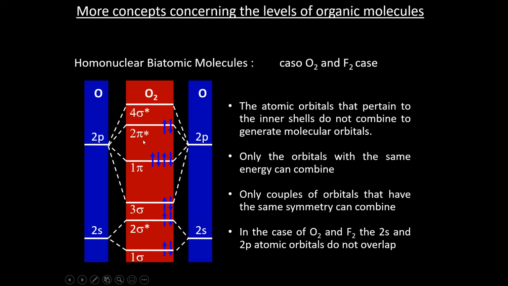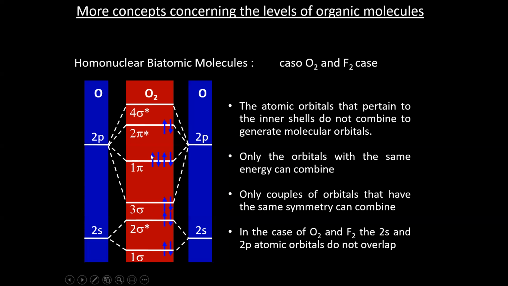And you see here the 2p and 2p, they combine like this. Now, in the case of oxygen and fluorine, the two groups of molecular orbitals do not overlap. You see that the 2s orbitals combine and they give a group that is separated from the group given here by the 2p levels.